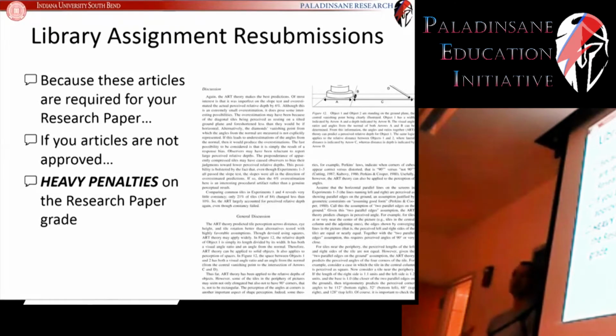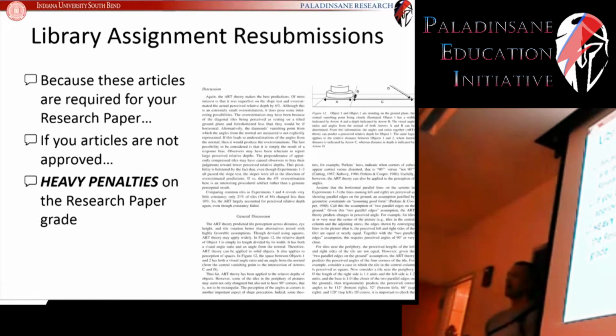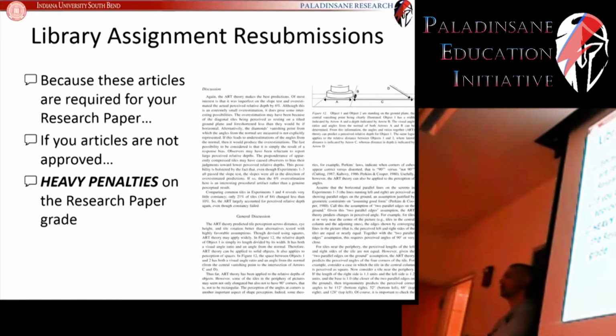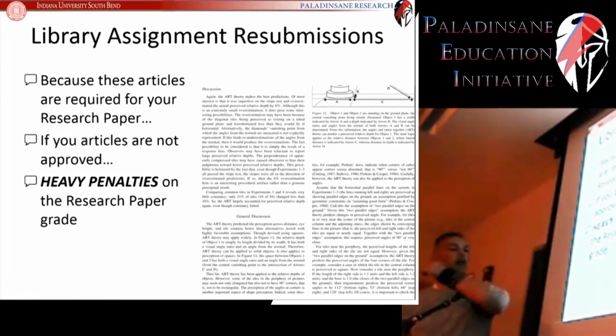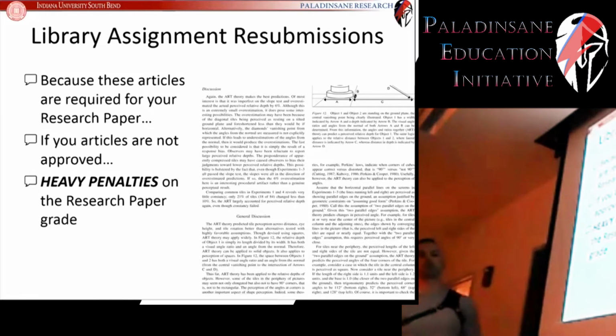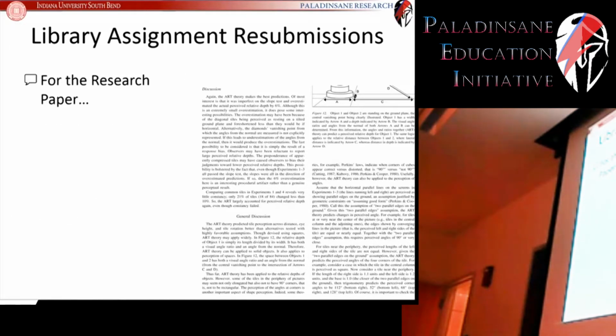This isn't to intimidate you in any way. It's just the fact that if you don't have the background information, you cannot write a good, high-quality research paper. That is in the research paper grading rubric that I use. So make sure you get those articles approved, because there will be heavy penalties on your research paper if you choose not to.